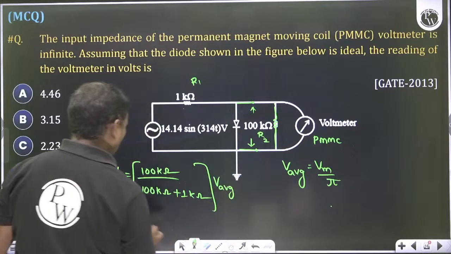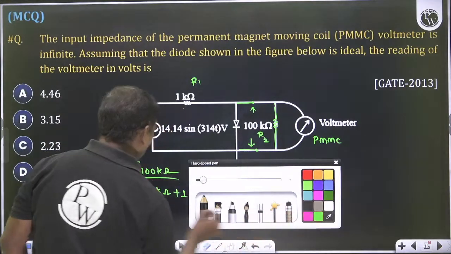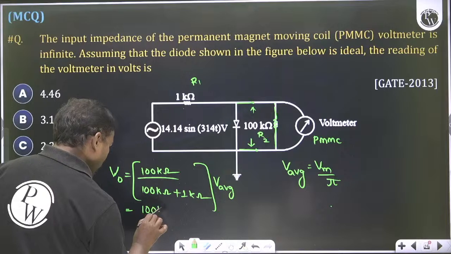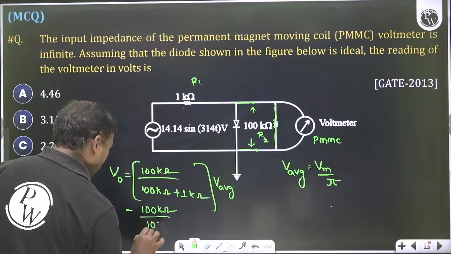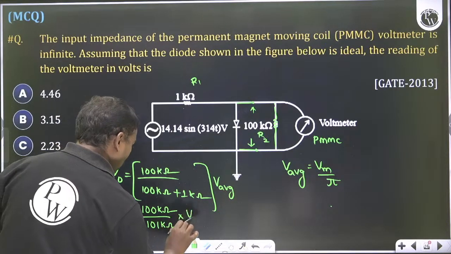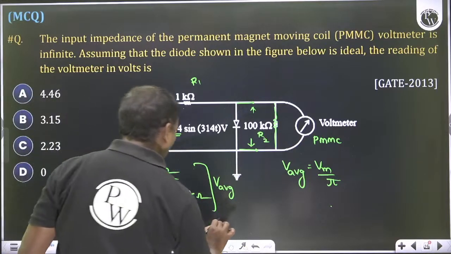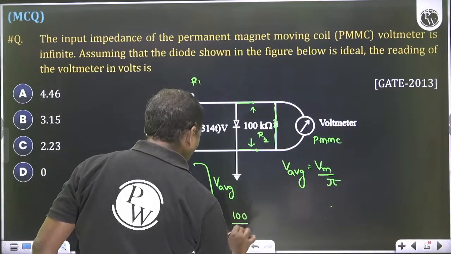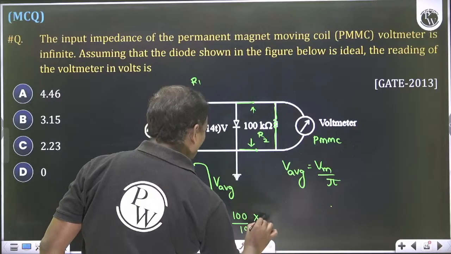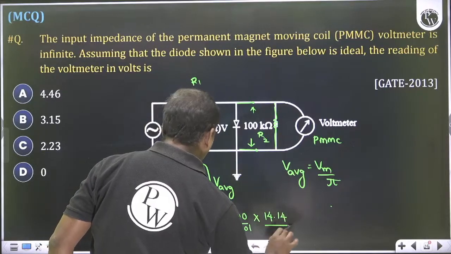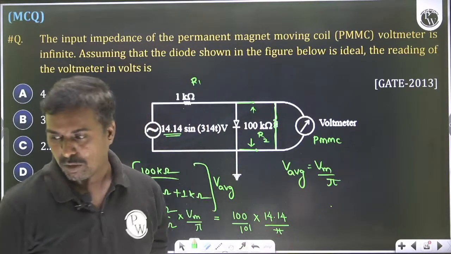This is 100 kilo ohms and this is 101 kilo ohms. V average is equal to Vm by pi. What is Vm? That is V peak, 14.14. So 100 by 101 into 14.14 divided by pi. What is the answer? You check it using the calculator.